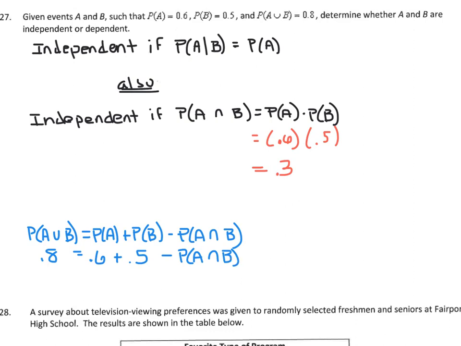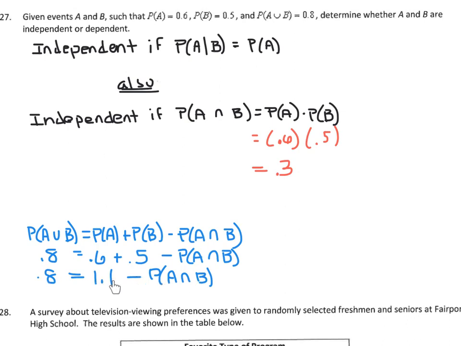So let's solve this equation. If we add up 0.6 and 0.5, that gives us 1.1. So we have 0.8 equals 1.1 minus the probability of A and B. You could just think about it logically: if you have 1.1, what could you subtract to give you 0.8?